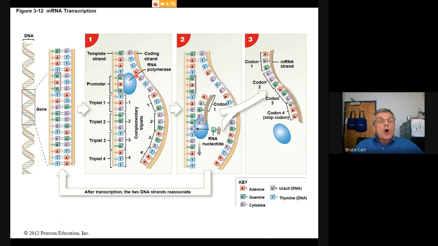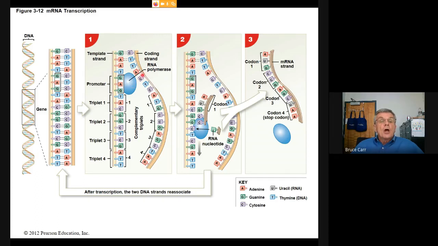This is called RNA polymerase because it's going to read this strand of DNA and produce a complementary strand of RNA. Now there's a rub. When we do DNA, A goes with T, T goes with A. G goes with C, C goes with G. But we're going to substitute a new nucleotide, uracil, for thymine in RNA.